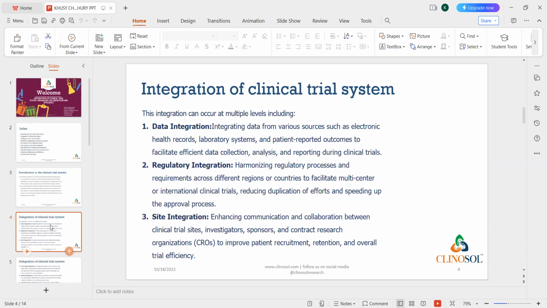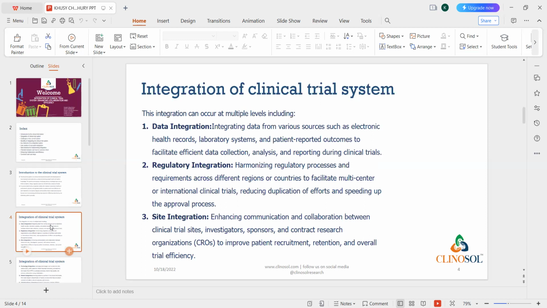Coming to the next point, which is integration of the clinical trial system. The integration of the clinical trial system involves the coordination and collaboration of the various stakeholder, process and technologies to streamline and optimize the conduct of clinical trials.